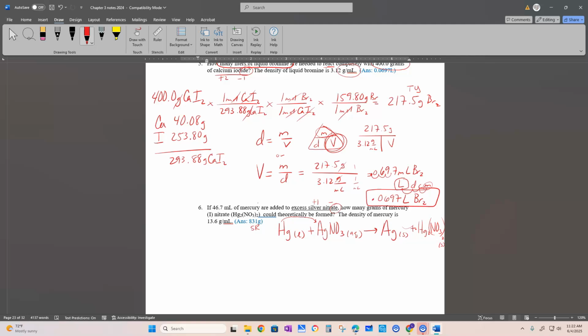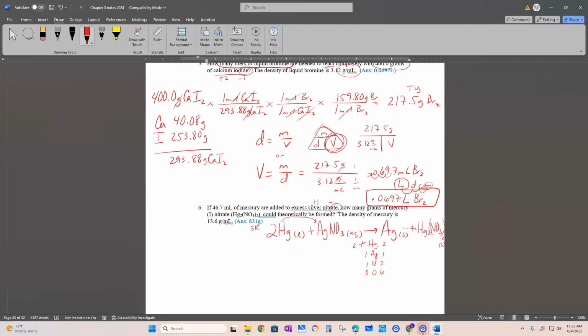All right, this guy is definitely not balanced. So let's count this up. So I got mercury, I got 1 versus 2. I got silver, 1 on each side. I got nitrogen, 1 versus 2. And oxygen, 3 versus 3 times 2 is 6. Well, let's fix the mercury first. Maybe that'll help. So I'm going to put a 2 there.